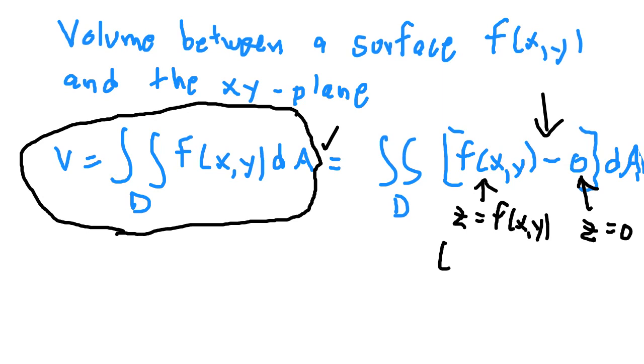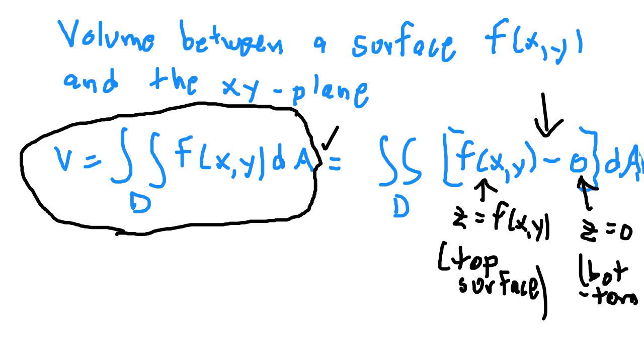This is the top surface, the function of x and y, and then z equals 0 is the bottom surface. Okay, top surface, bottom surface.